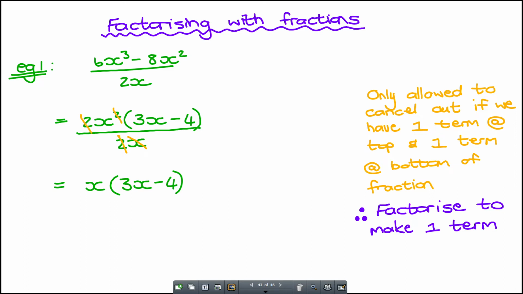But on the test, if it says factorize, leave it like this, otherwise it will be wrong. So read carefully what was asked. If they said factorize, then don't multiply it back in, because they want you to get the brackets. Okay.